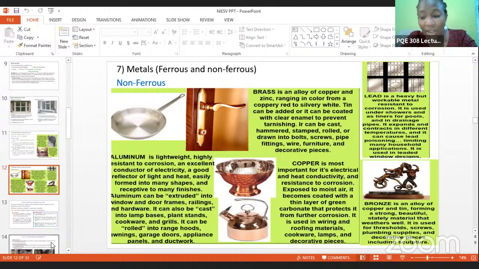It's a versatile material, it's lightweight, and that is why we use it in our cooking at home. It has a low melting point, and it's a good conductor of electricity. All these non-ferrous metals can be strengthened by alloying or cold working.